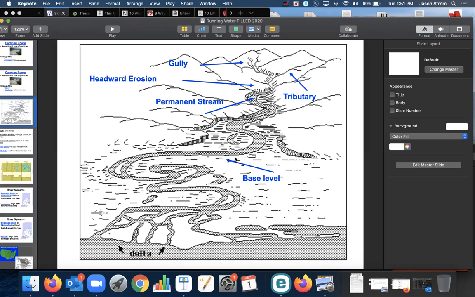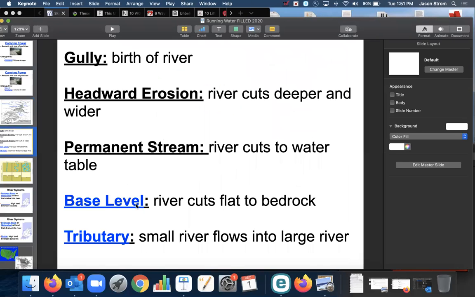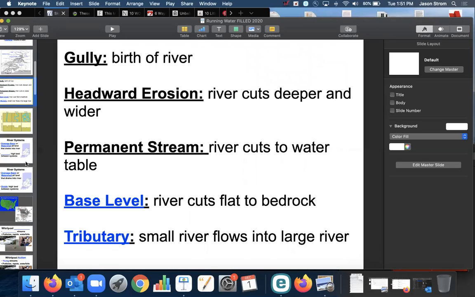It's moving more slowly, but it's larger. Its width and size are much larger than they used to be. So again, the bottom two, the base level and the tributary, are what I would focus on in that diagram at least.